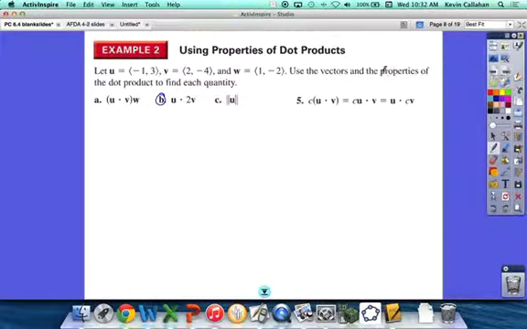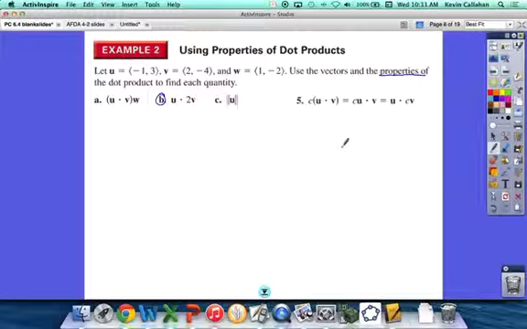So when it says use the properties, for this one, we can use this fifth property to do this because we actually already did u dot v. Right? We've already done that. So here we've got u dot 2v. According to this property, u dot a constant times v is the same thing as that constant times u dot v.